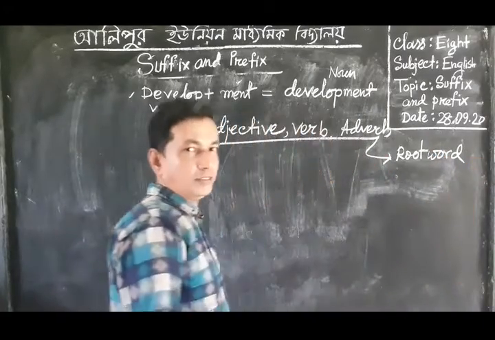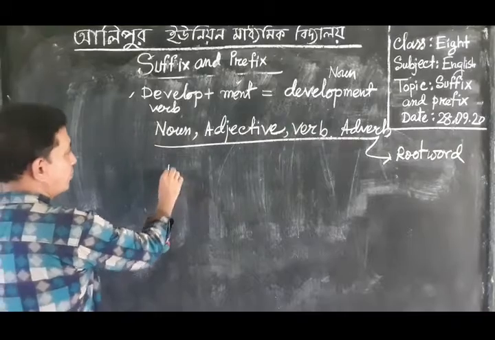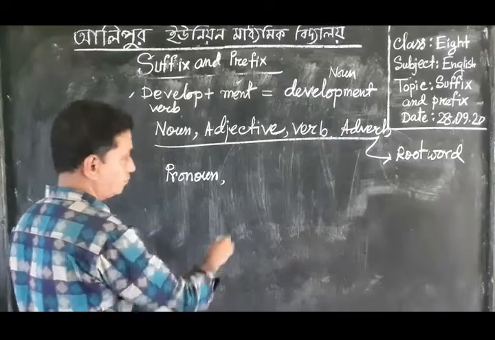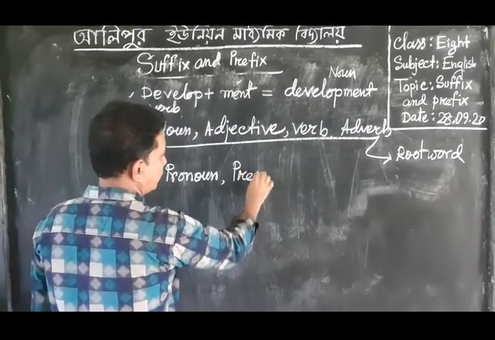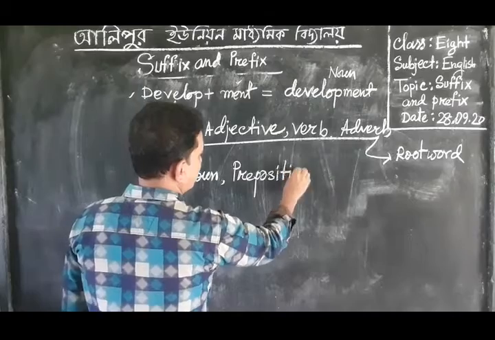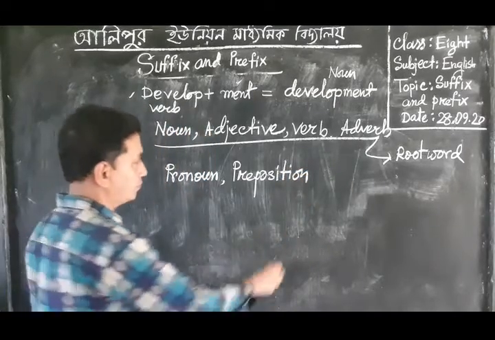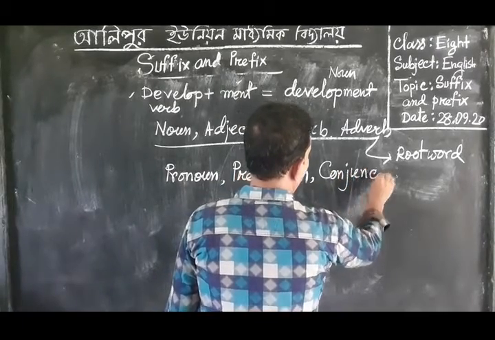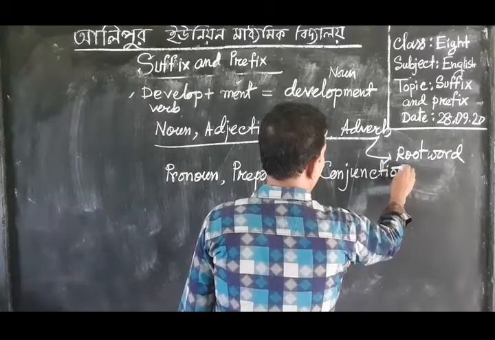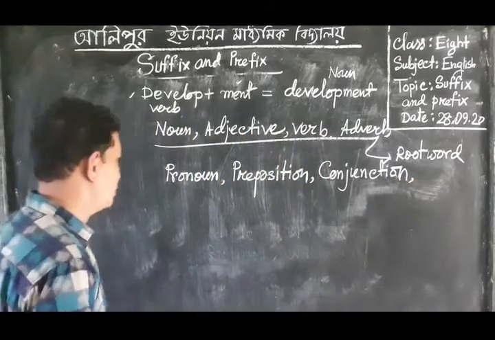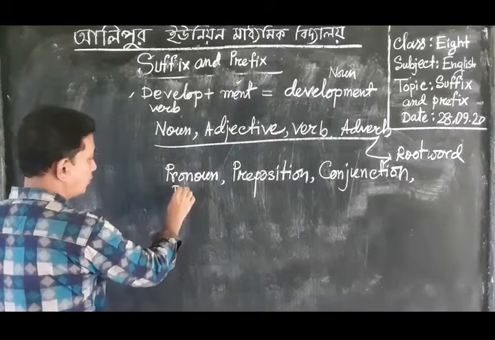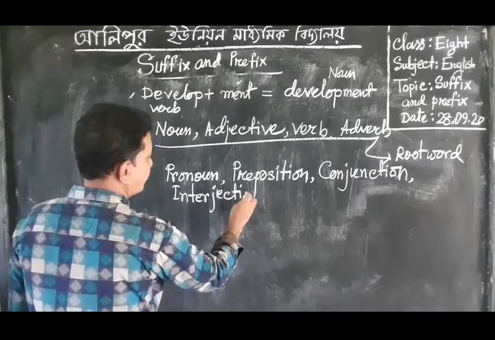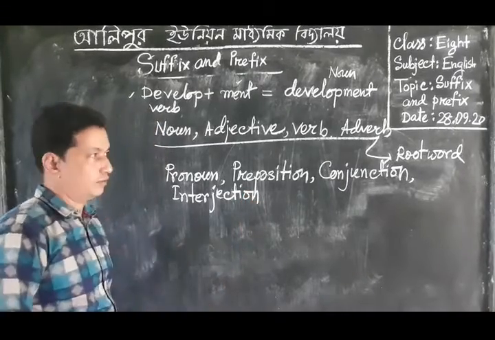Root words. And other four types of part of speech such as pronoun, preposition, conjunction, and last of all interjection.